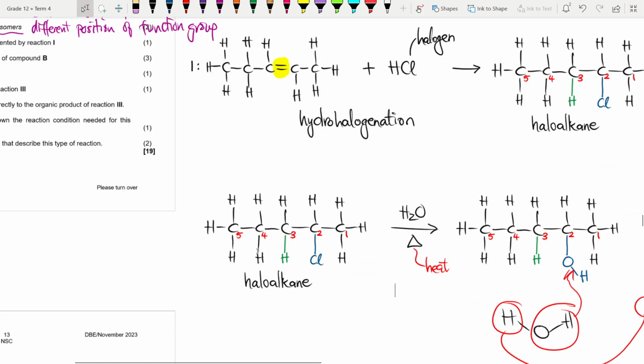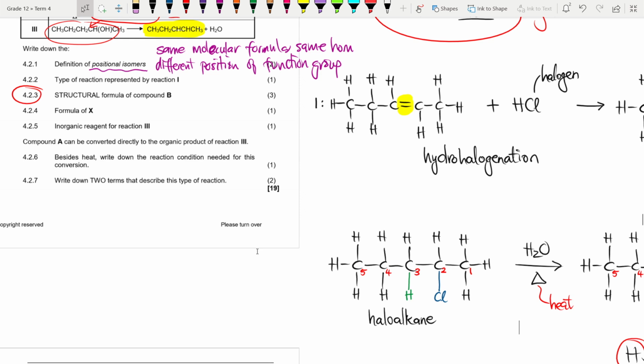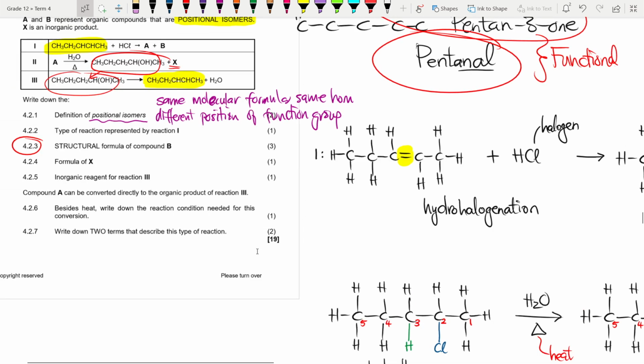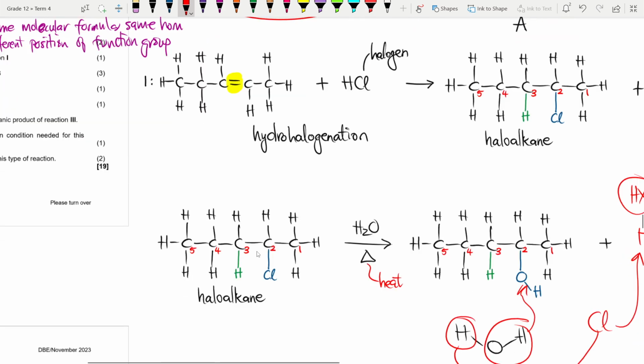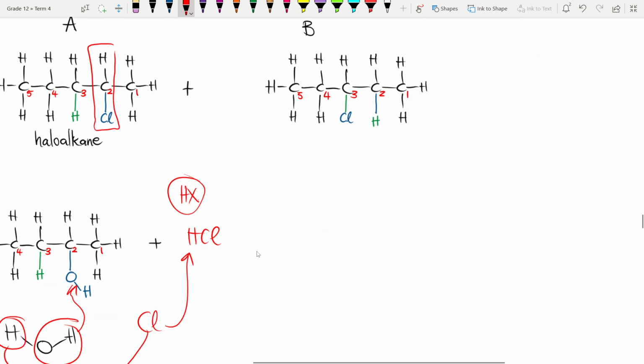Then look at this. This gives you a clue of which one A was from the beginning. If you look at this product, I'll now highlight it in blue so that you can see it. It shows you the position of the OH, and you can see it's on the carbon that is closest to the last carbon, which means A should exactly be the one we chose there, which means B should have chlorine in the middle.